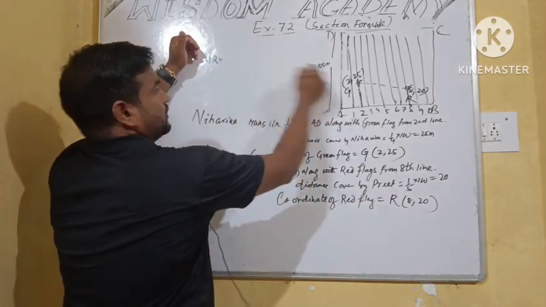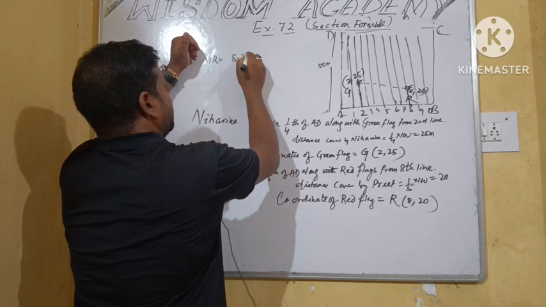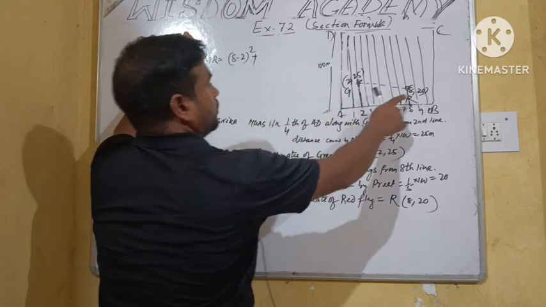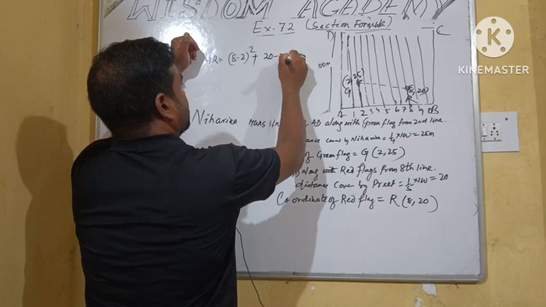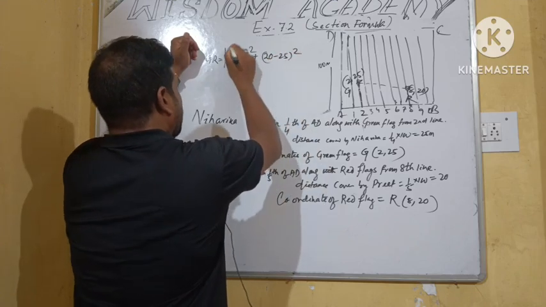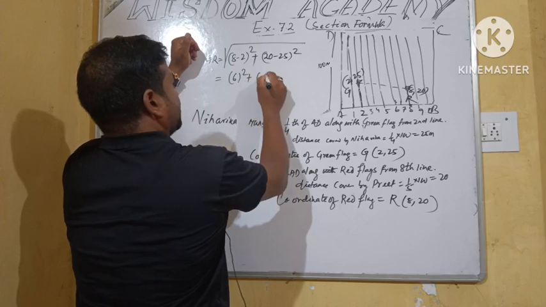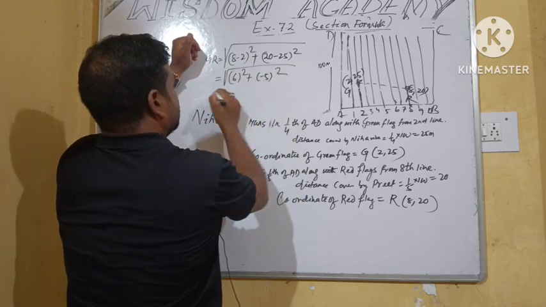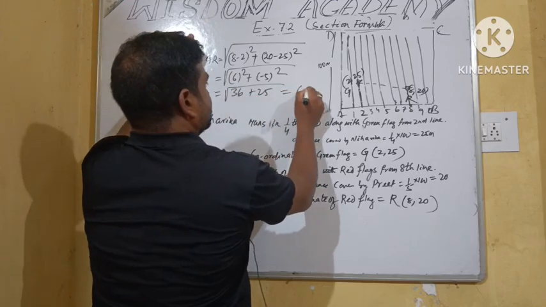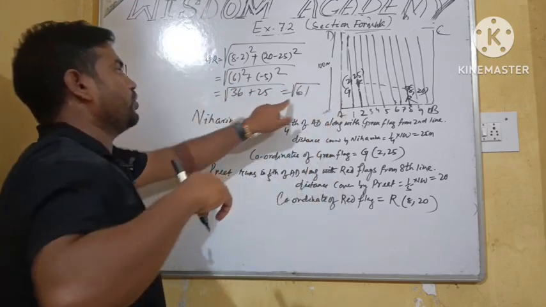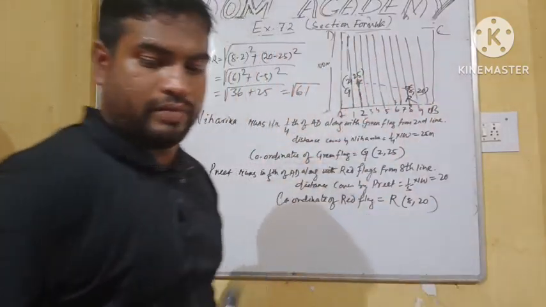GR is the square root of (8 minus 2) whole square plus (20 minus 25) whole square, 6 square plus minus 5 square, square root of 36 plus 25, which is square root of 61 meter. The distance between the two flags.